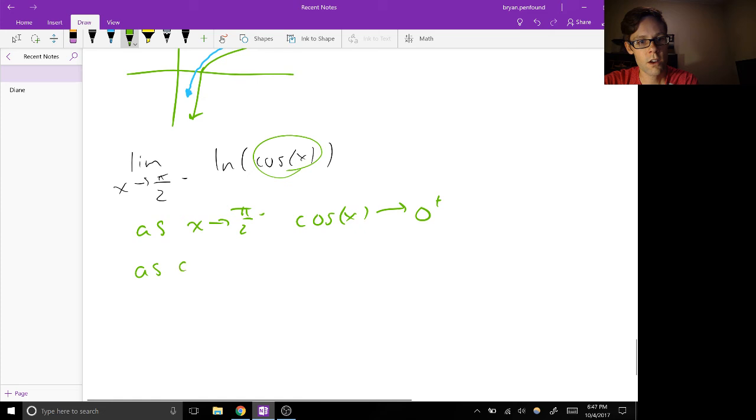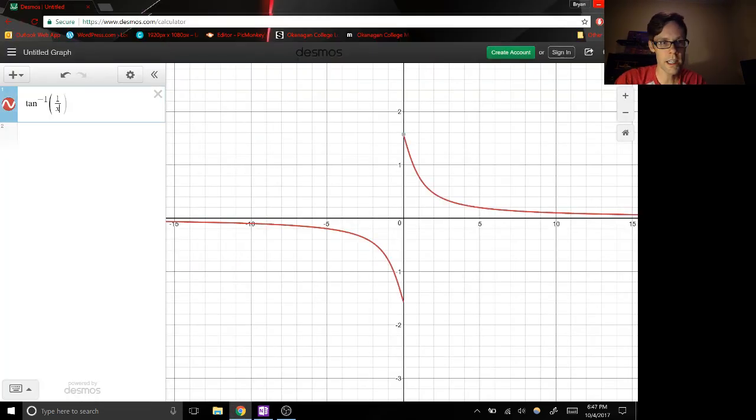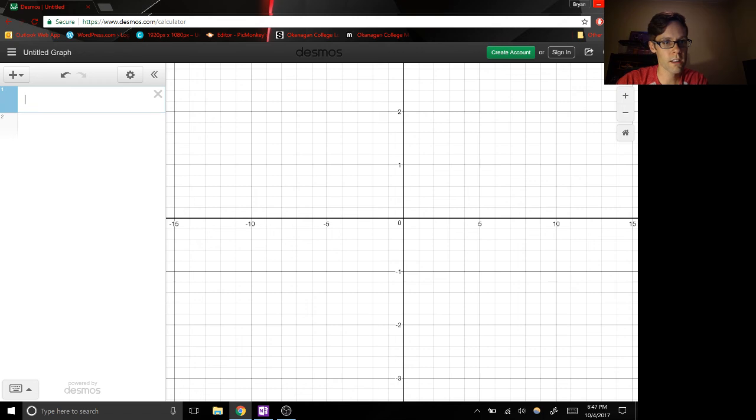And as cosine of x tends towards 0 from the positive direction, my ln of cosine of x will tend towards negative infinity. Okay, so I think I'm okay saying that this limit doesn't exist, but it is getting really, really big in a negative direction. So let's take a peek at this on Desmos just to see if we are correct.